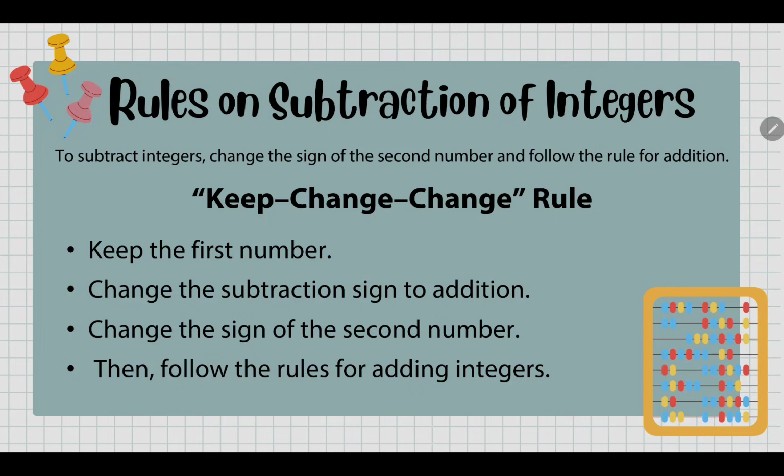Second, change the subtraction sign into an addition sign. Third, change the sign of the second number to its opposite. And finally, follow the rules for adding integers.